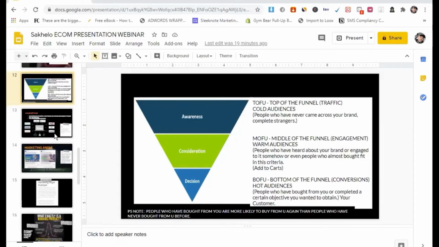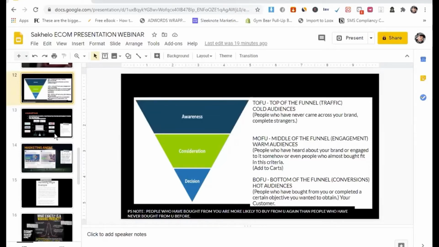So we use strategies to recover that sale that you would have made via email, SMSs, retargeting. We do it like that. So these are people that have engaged somehow with your brand, and that makes them fit in this criteria. So these are your add to carters. Please just note that.